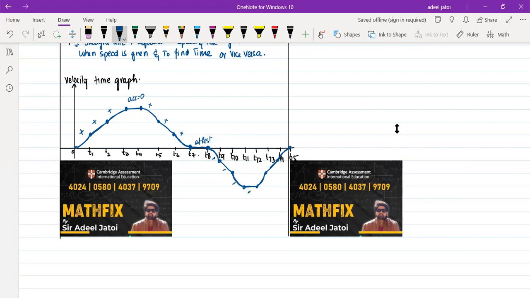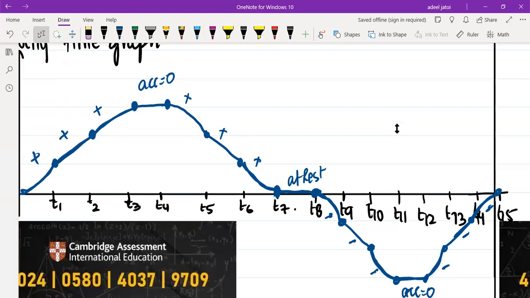Obviously, acceleration is equal to 0. And here we have negative direction. These will be uniform velocity. T3 and T4 will be uniform, velocity, acceleration is equal to 0.